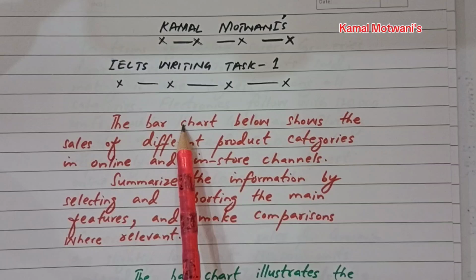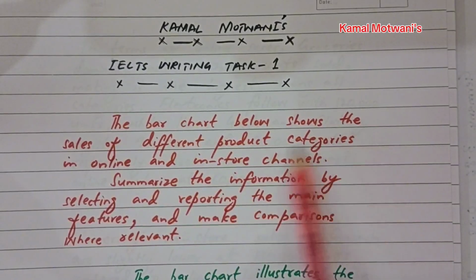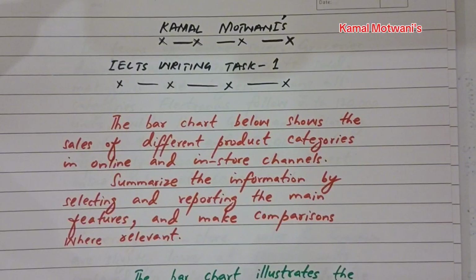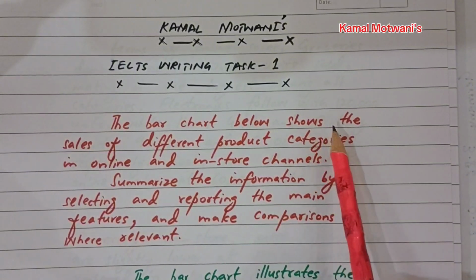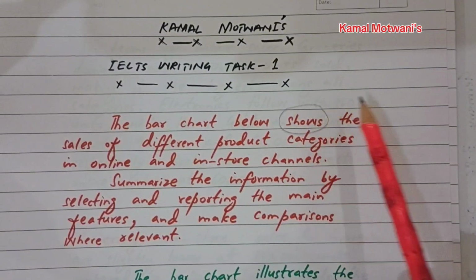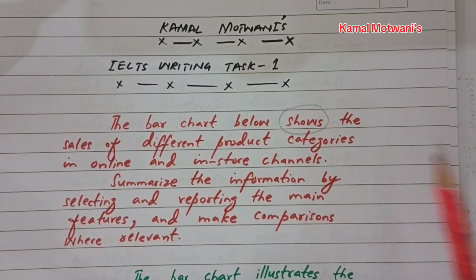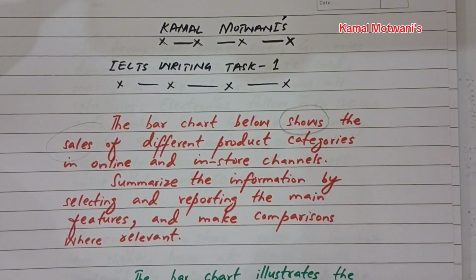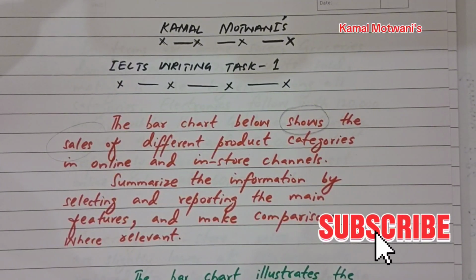Suppose the statement is: the bar chart below shows the sales of different product categories in online and in-store channels. So how will I write this introduction? I will replace the word shows with illustrate, and I will replace sales with sales figures. Then I will replace product categories with five different product categories.